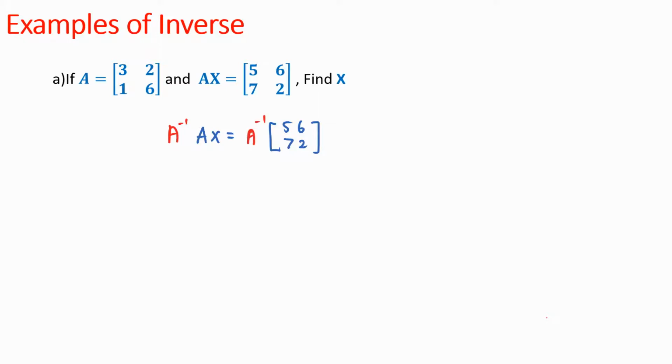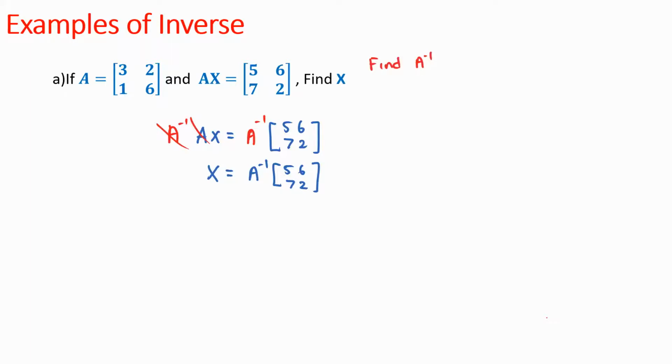If it's on the left, it stays on the left. Okay, don't write A inverse on the right. If it stays on the left, it stays on the left. Okay? Reason why I want this is because these two will cancel out, and that's going to become I. And we know I times X is just X. That's what we want. So, first things first is we need to find out what A inverse is.